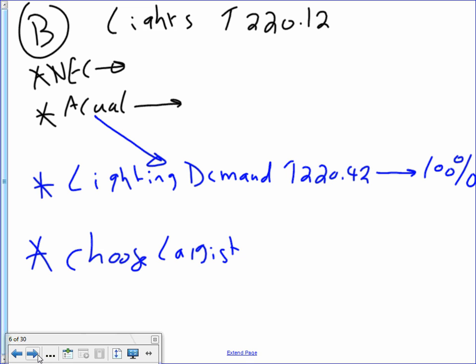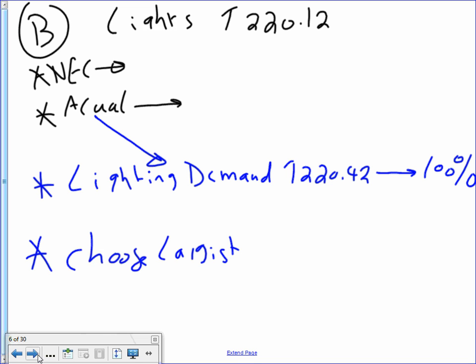We have two for lights. We have the actual and we have the general. So the actual light for office building and banks, choose the smallest of... so we have two general light. I'm trying to demand is choose the largest. And the NEC code book for general light, guys, use 3.5.